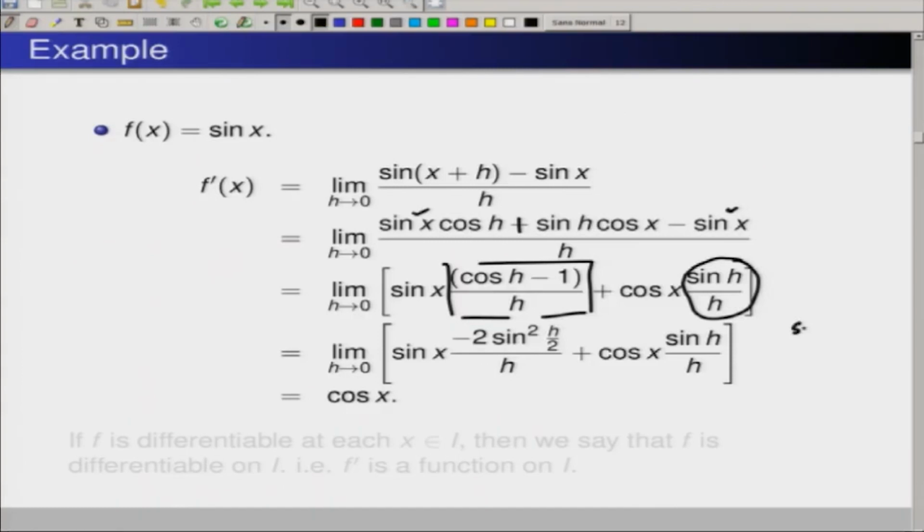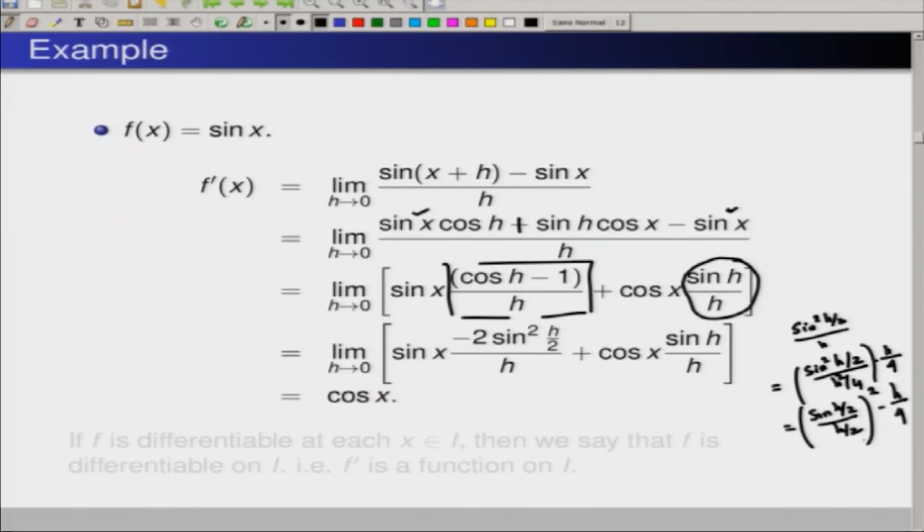For the sin square h by 2 divided by h, I can say that I will get sin square h by 2 divided by h square by 4, and then I need to multiply by h by 4. So this is nothing but sin of h by 2 divided by h by 2, whole square, into h by 4.